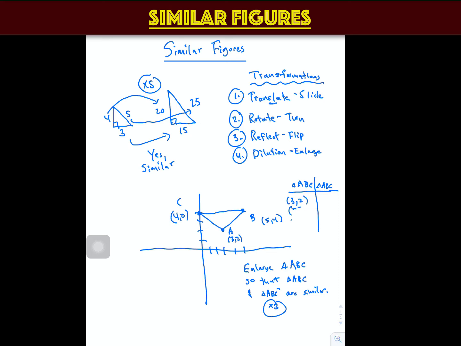So we have 3, 2, 5, 4, and 4, 0 going in order of ABC. If I'm going to dilate each by 3 to keep them as similar figures, we're going to have 9, 6, 15, 12, and 12, 0.